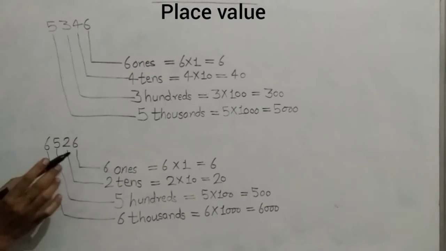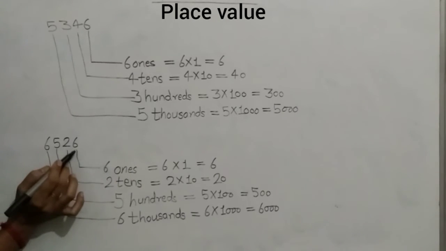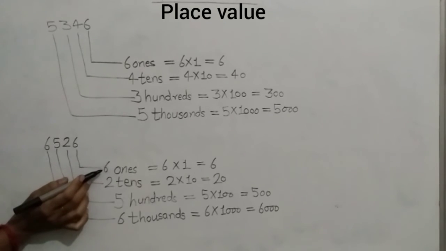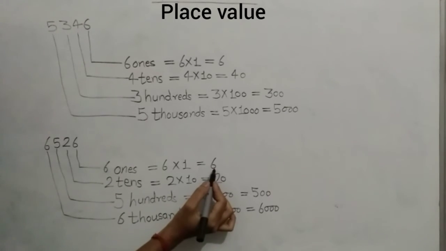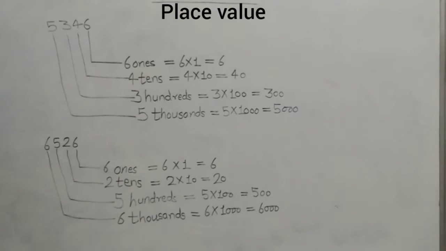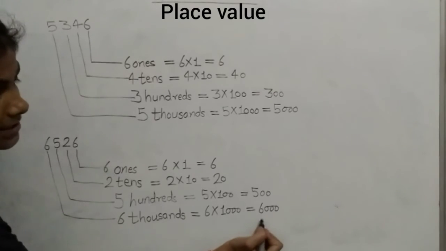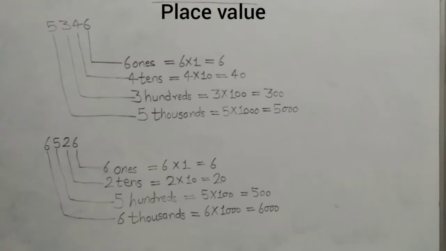Now we can see in this number the digit 6 is at two different places. Okay, when it is at ones place, its place value is 6 and when it is thousand place, its place value is 6000. तो इसका place value क्या है 6000.